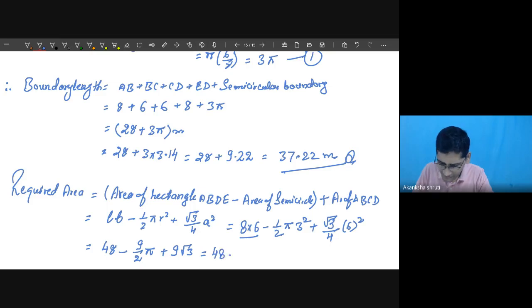So it becomes 48 minus 9 into 3.14, or divide this 3.14 by 2, let me write this in the division form itself. 3.14 divided by 2 becomes 1.57.